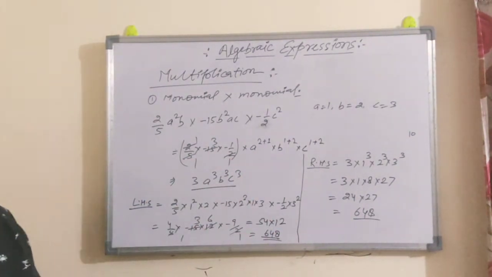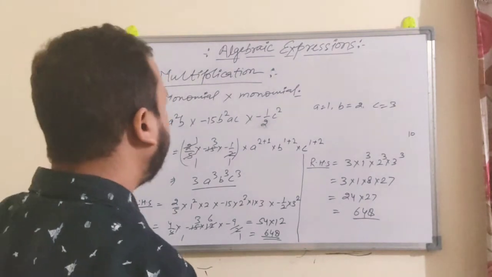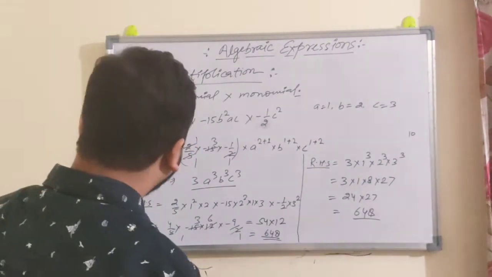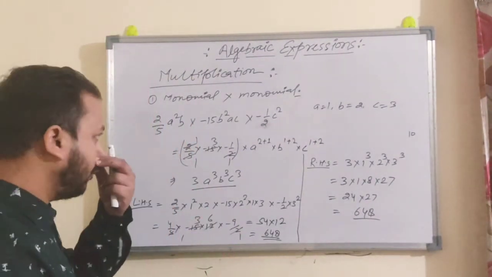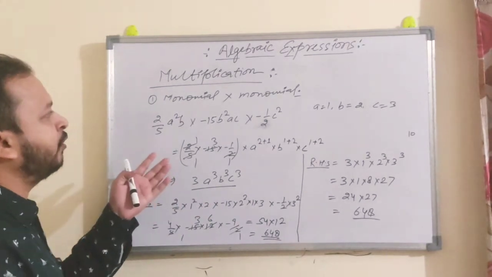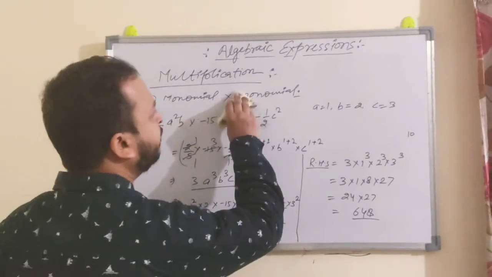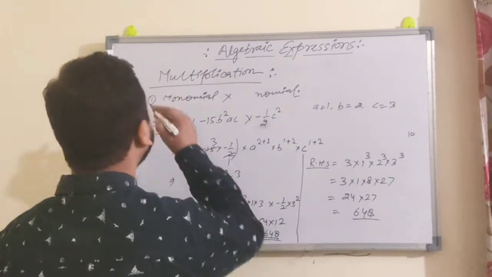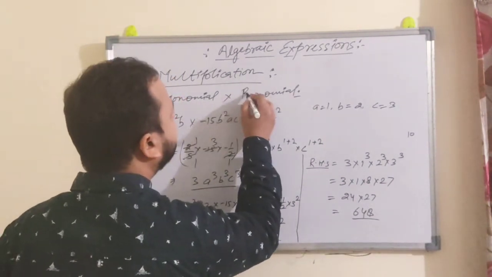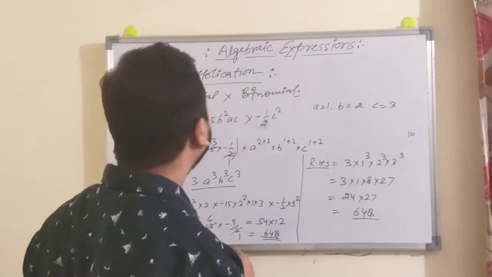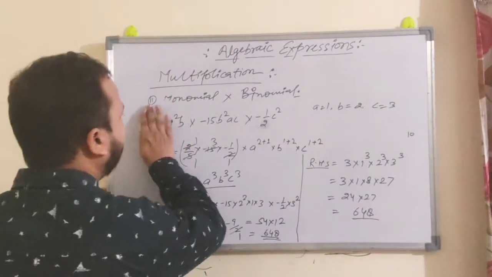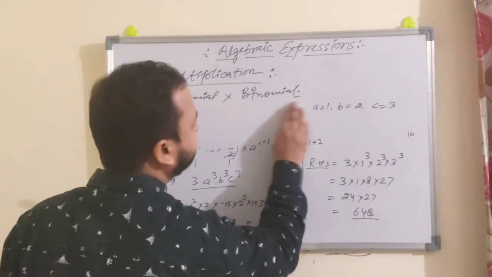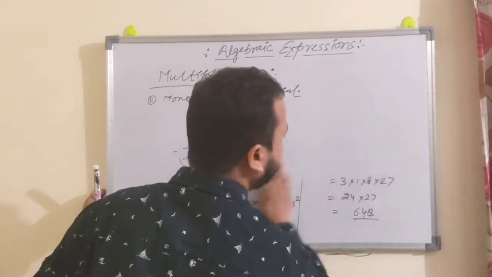So this was monomial binomial multiplication. In monomial into binomial, what you have to do is always use the distributive law, right?